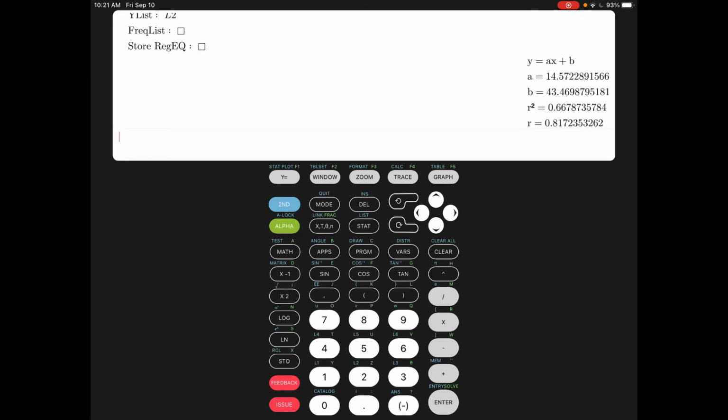For mine, it came up with the a and b values. What I really care about, though, is this R value of 0.817. So that's the correlation coefficient. It's pretty strong, and it's positive. That makes sense. As the number of years that the car has been around increases, the odometer reading generally increases, though it's not a perfect correlation.